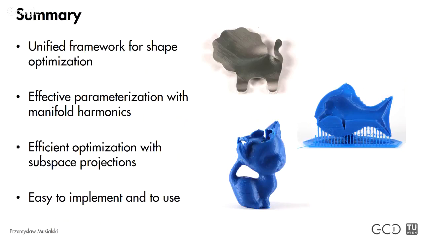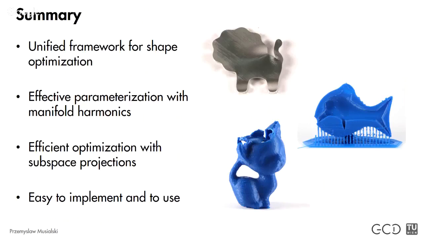And in these low frequency regions, they turned out to work very well for this low frequency deformation, so they don't change the shape too much. We have introduced this efficient optimization with local subspace projections. And last but not least, it's quite easy to implement. For both algorithms, we have example MATLAB code on our homepage.